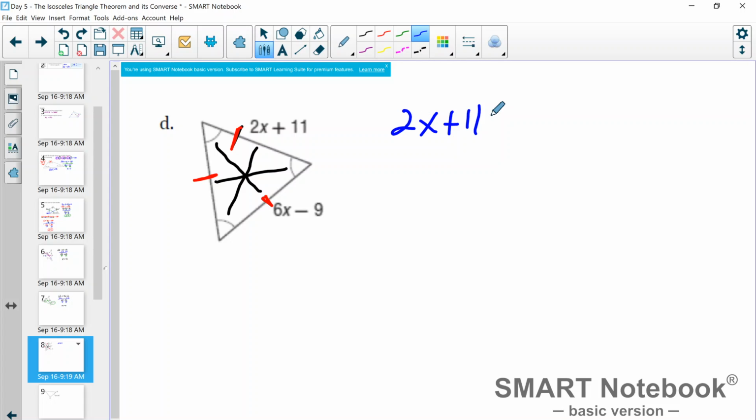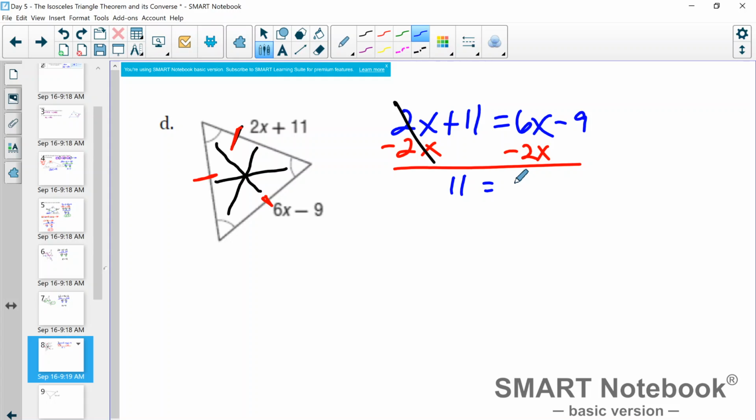2x plus 11 equals 6x minus 9. Solving for x, general rule of thumb, make life easier. We move the smaller x. So if I look at 2x versus 6x, 2x is the smaller. So if we subtract 2x, they'll cancel out. It leaves me with 11. 6 minus 2 is going to give me 4 x's.